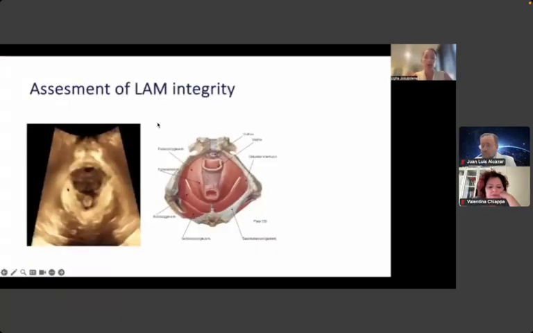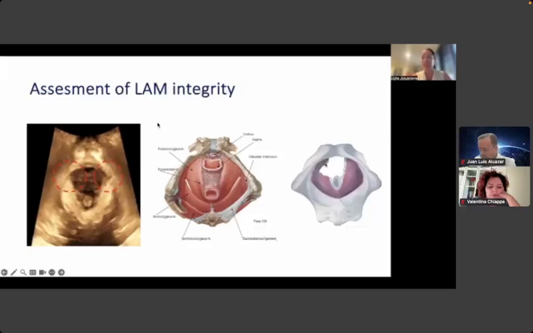What are we looking at? We're looking at all these 3 images to see if there is any defect between the levator ani muscle and the ramus pubis inferior. As we see here, the muscle is attached, there is no defect, and when the muscle detaches, we can see that there will be a defect. This is the detachment of the levator ani muscle.